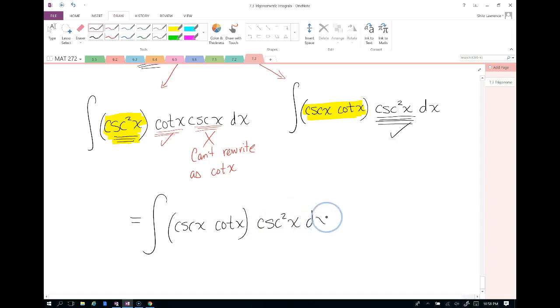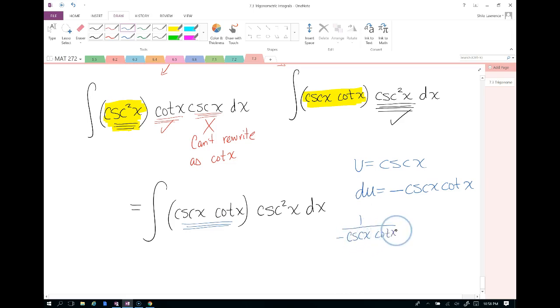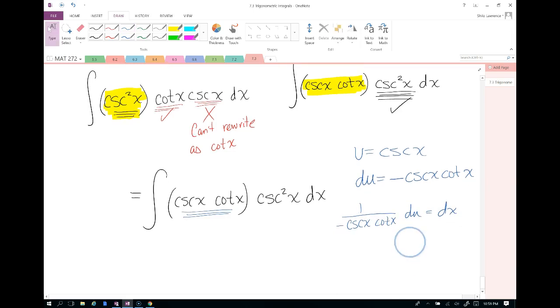We're going to do a u substitution for cosecant because that is the derivative for cosecant. So we're going to say u equals cosecant. And then remember, du is negative cosecant cotangent. And if we pull that over as a fraction, so we can actually witness the canceling, dx is going to get replaced with negative 1 over cosecant cotangent du.